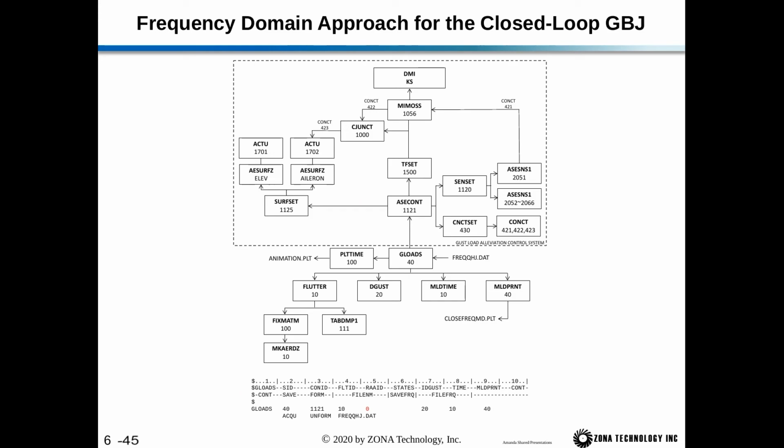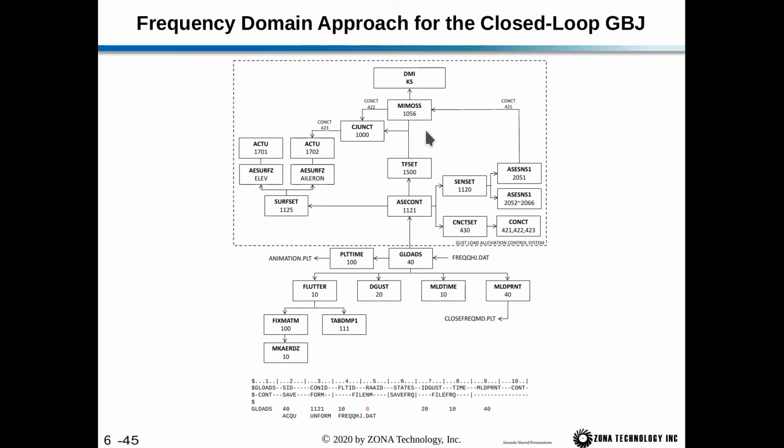So next, let's say we've designed our controller, so now we're going to move on to the closed loop GBJ. So with our exported plant model from the previous slides, we've designed a gust load alleviation control law, and now we're importing that into ZAERO. So we have our ASE controller card is now referring to the TF set and CNTC set.